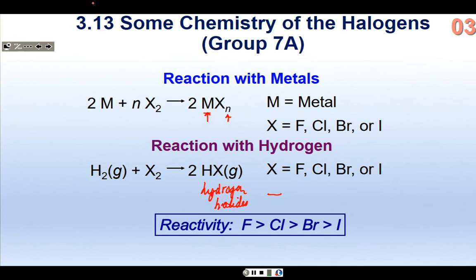So things like HF, HCl, HBr, and HI, hydrogen fluoride, hydrogen chloride, hydrogen bromide, hydrogen iodide, are all acids. We'll get to talk about acids in another point, but that's something to notice at the moment. So each of those, you could balance the reactions and figure out how they work together, but we haven't delved into balancing so much at the moment, so let's not stress about that right now.